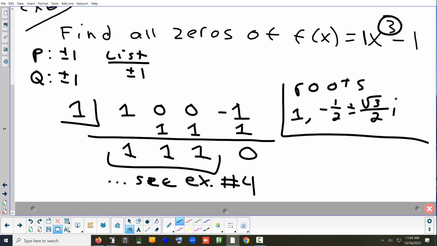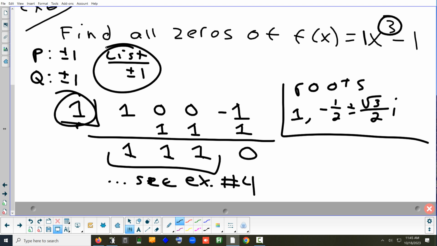This time it did. If you couldn't have found this one, then we would have been stuck because you wouldn't have had anything to do synthetic division with. So I will make sure that a number from this list always works in these kinds of problems. Any question on it?